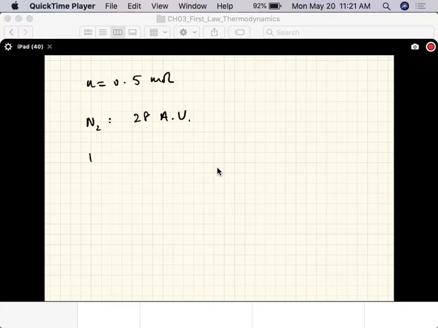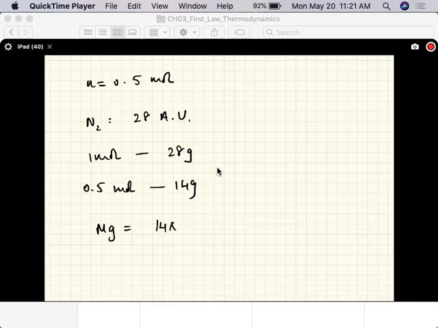So 1 mole weighs 28 grams. Half a mole is 14 grams. And so the weight of your sample is 14 times 10 to the minus 3 kg times 9.8 meters per second squared.